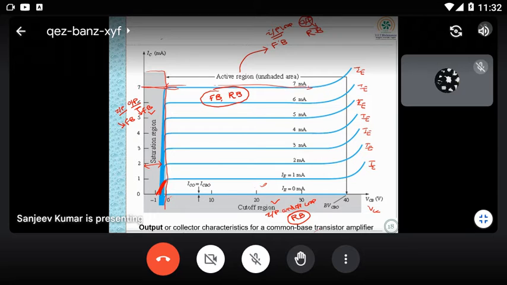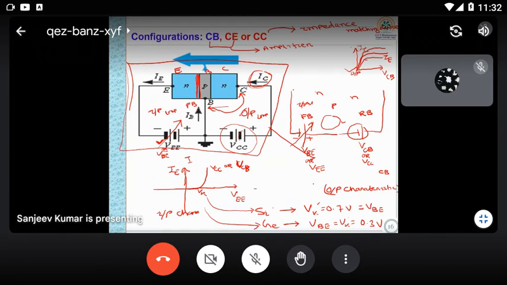Sir, what will happen if we reverse bias the input loop and forward bias the output loop? Okay, already I told about the reverse bias condition, because IE will be 0.